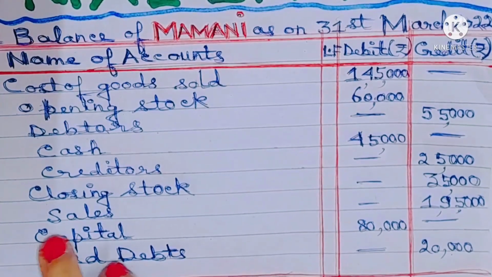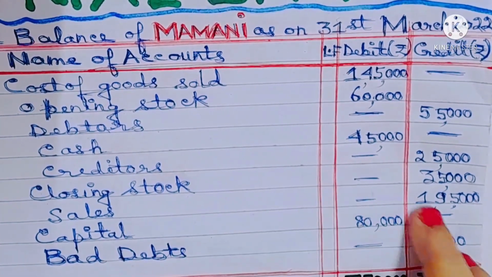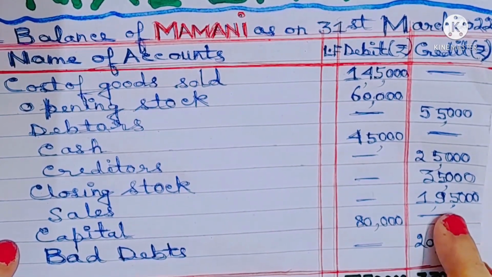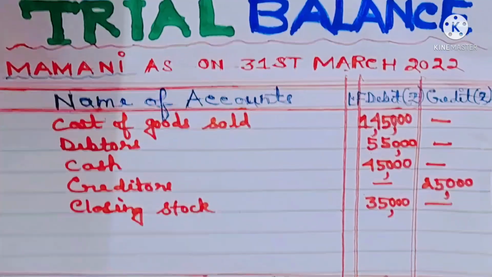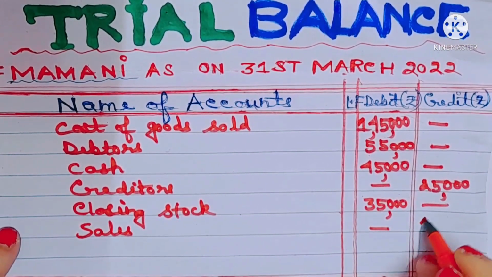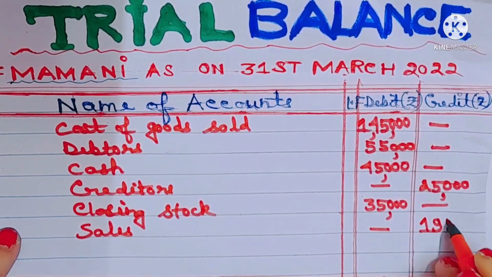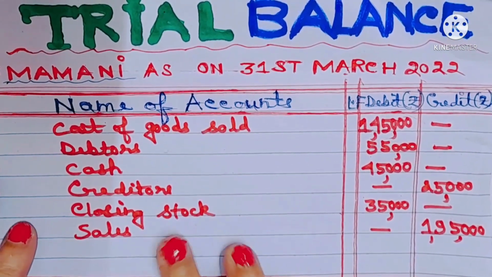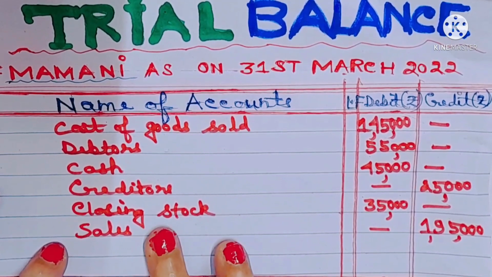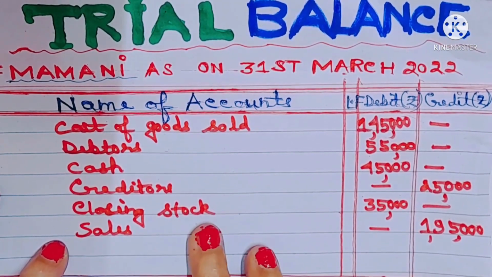Understood? Now let's see the next account. The next account is sales, 1,95,000. They have correctly written 1,95,000 in the credit column. So let's write sales 1,95,000. Why sales is credit? Because sales comes under real account as well as nominal account.